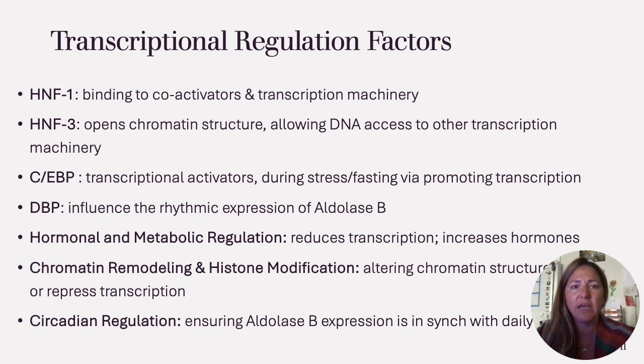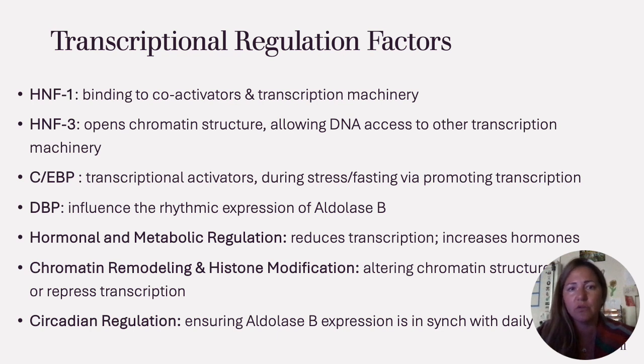And again, hormonal regulation is involved with insulin. Signaling leads to the activation of transcriptional repressors or inhibition of transcriptional activators binding to that promoter site. This reduces the transcription during the fed state when the glucose levels are high and gluconeogenesis is not needed. The outcome of that is that it downregulates aldolase B expression in response to those high glucose levels.